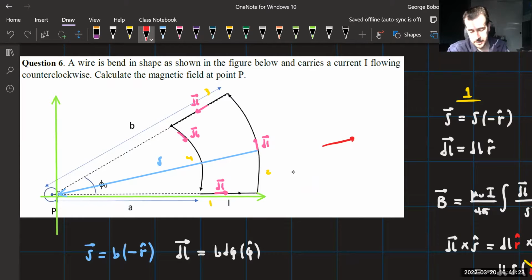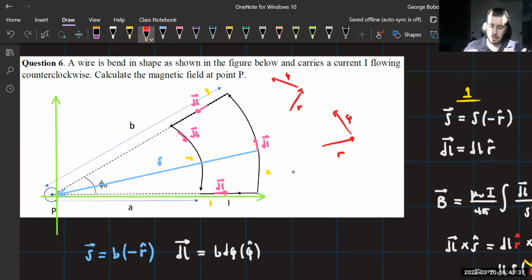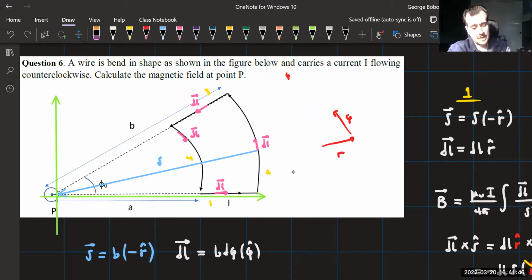R points like this, in a single snapshot. Phi points like this. If you take them at a different location, they will point differently. But the point is, they're both on this plane right now. So Z should be either outside the page or inside the page. And we get to choose.